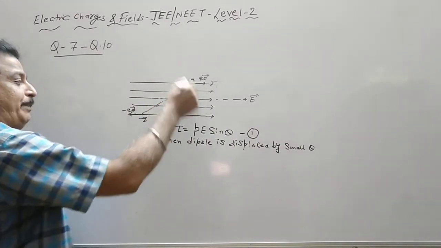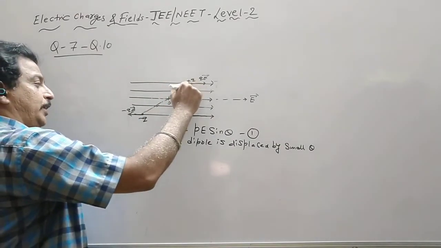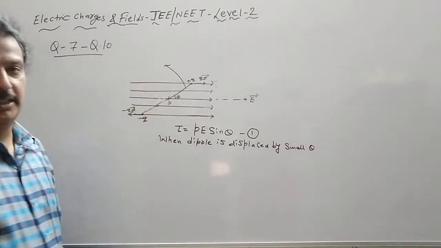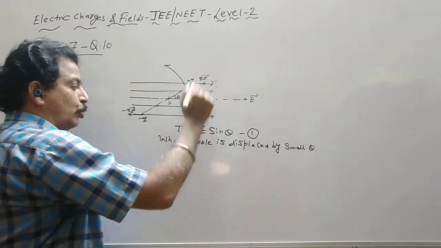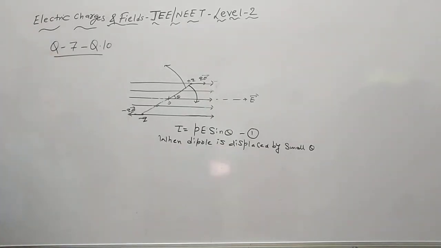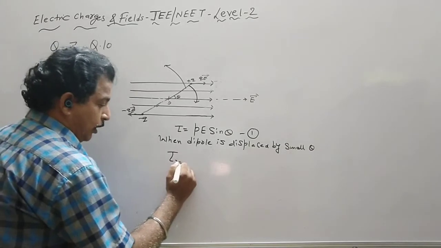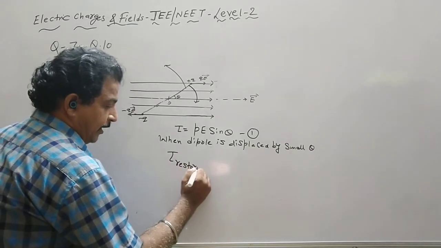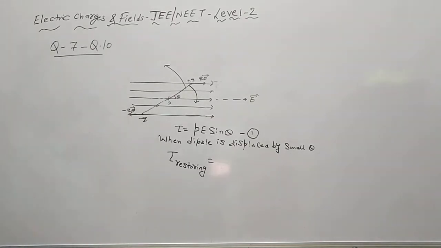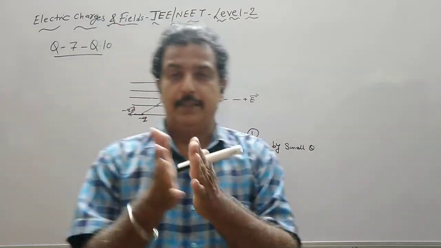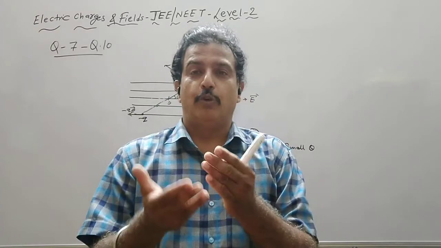When you are displacing it, you are doing work in this direction against the field, and the field is trying to rotate it so that it gets aligned in the direction of the field. So we have a restoring torque, like we have a restoring force. If I try to compress a spring, the restoring force is opposite to me.